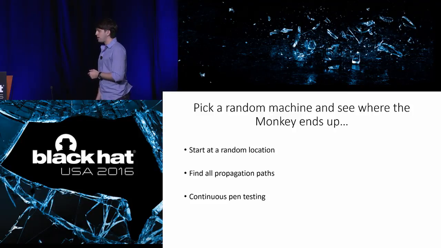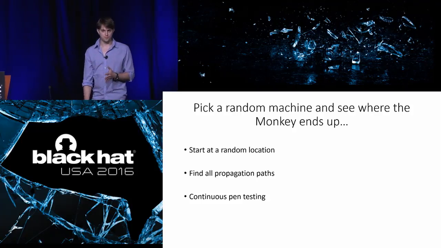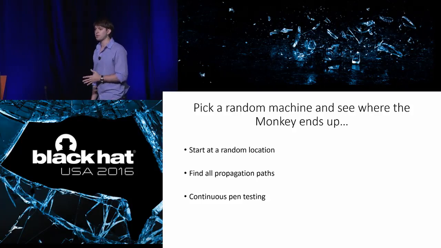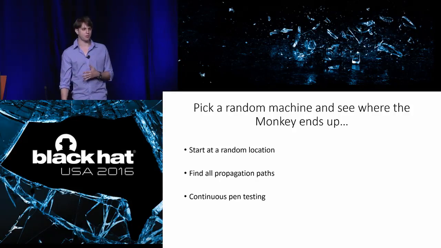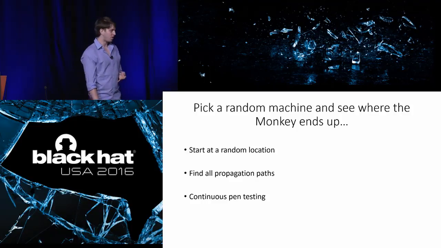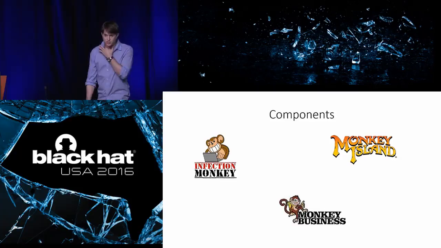So the monkey's approach is very simple and based on picking a random machine in the network, finding all possible propagation routes, and repeating it over and over until we cover everything. The monkey consists of 3 components.